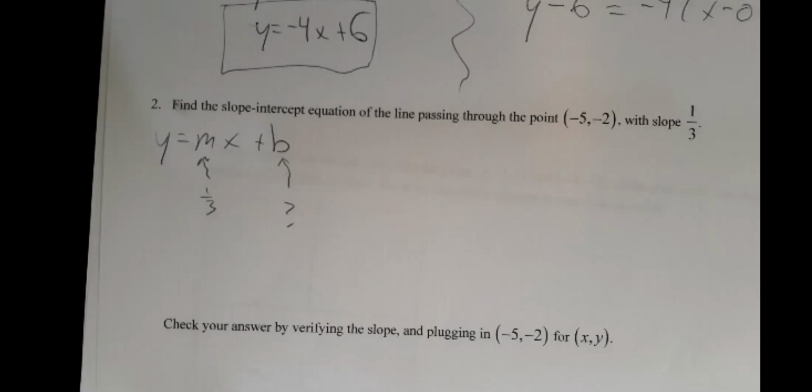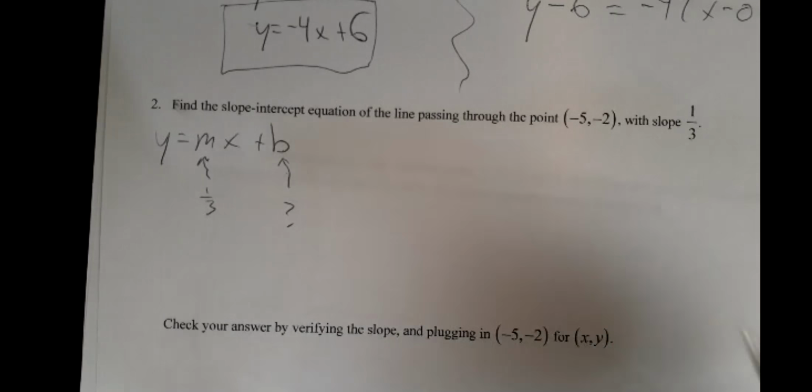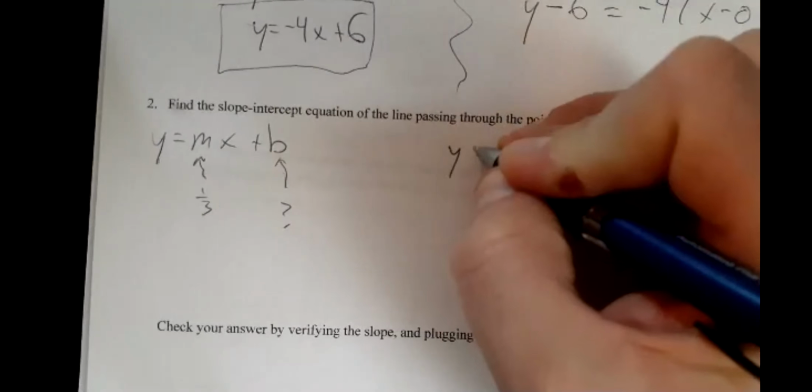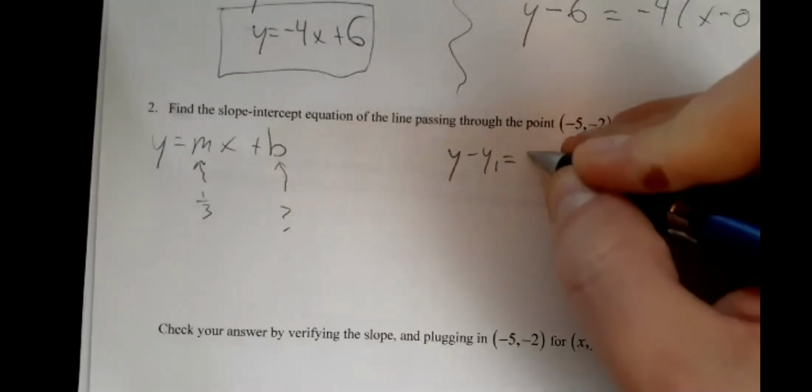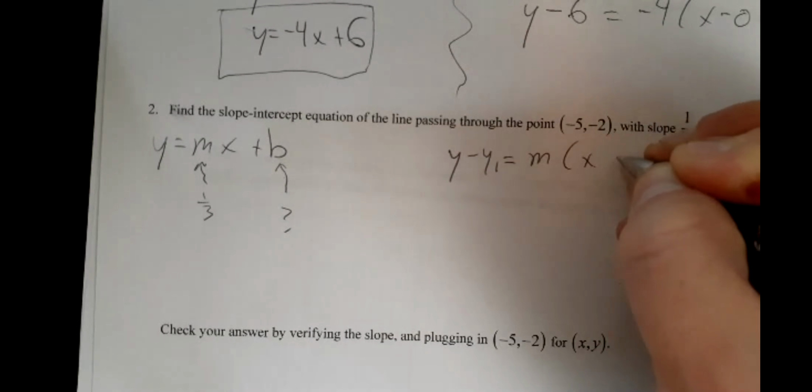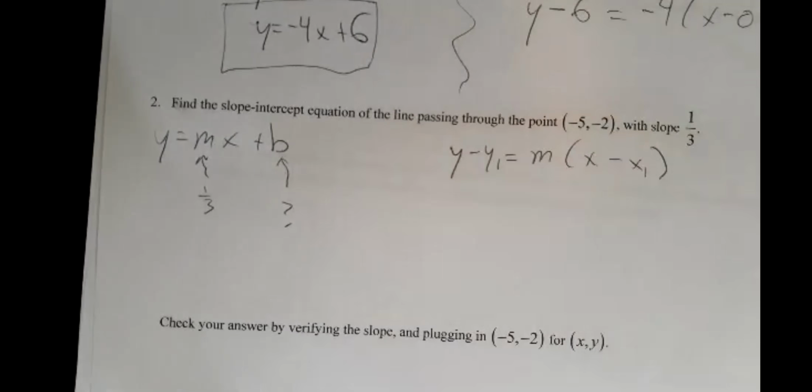If we don't get the intercept, we're probably going to have to plug it into the other one. So the other one looks like y minus y1 equals m times x minus x1. This one is called point slope because it requires a point and a slope.